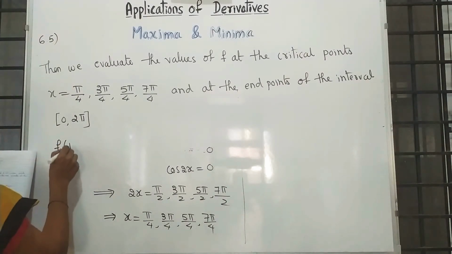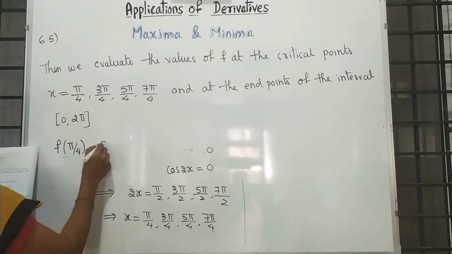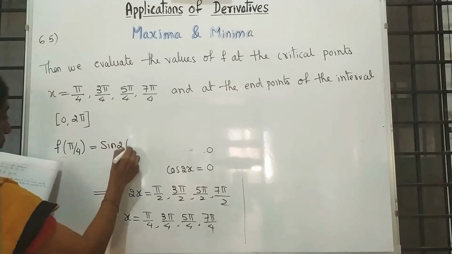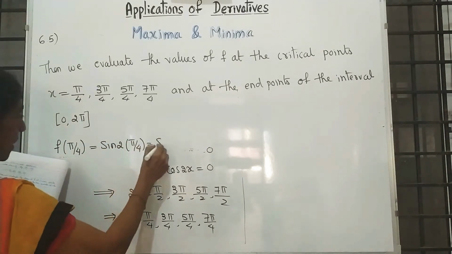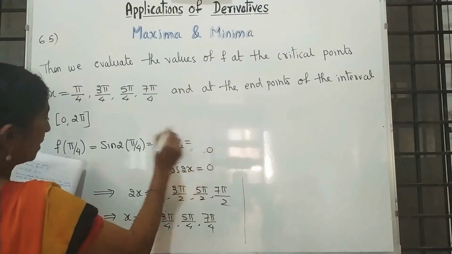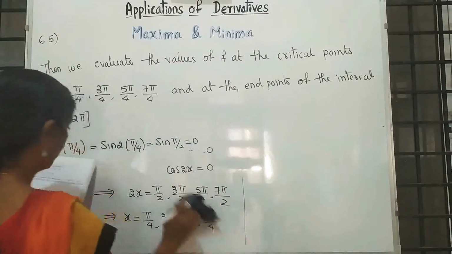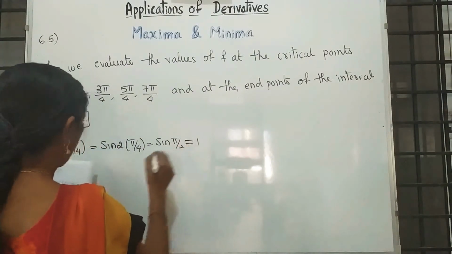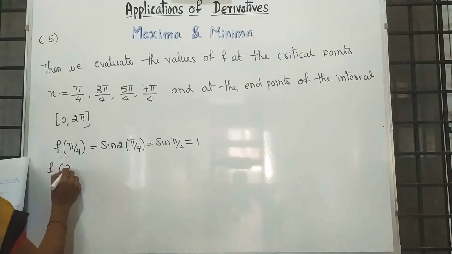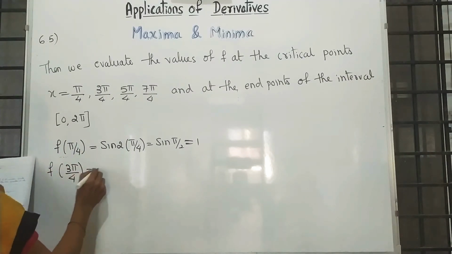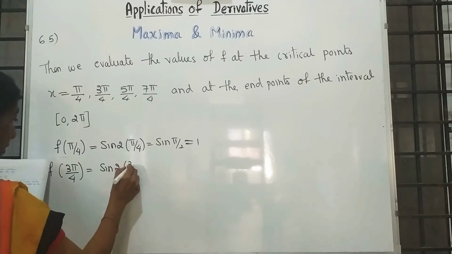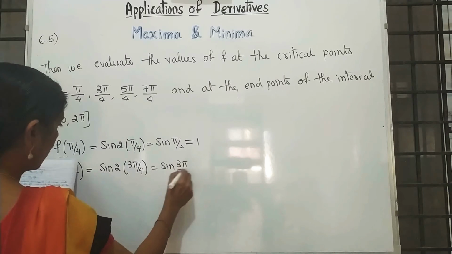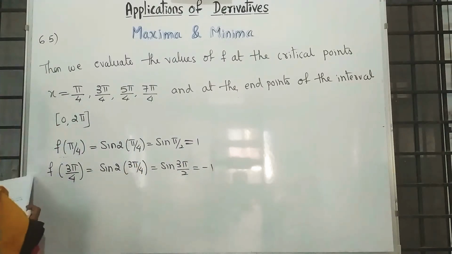First one is f of pi by 4, that is sin 2x here, sin of 2 into pi by 4, that is sin pi by 2. Sin 90 is what? 0. Sorry, sin 90 is 1. Next, f of 3 pi by 4, it is sin 2 into 3 pi by 4, that is sin 3 pi by 2, that is minus 1.